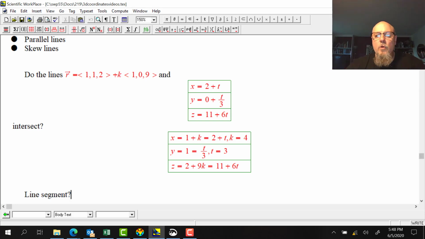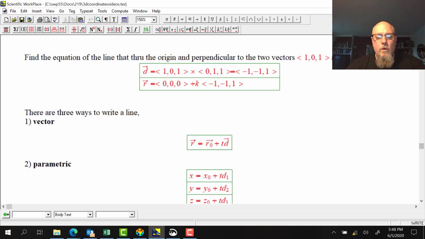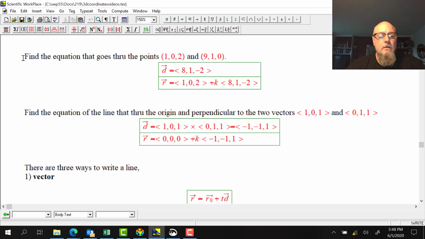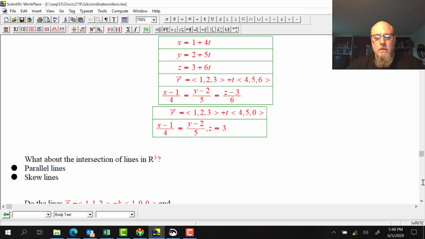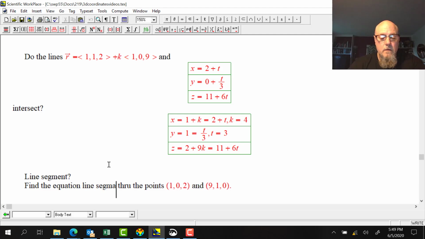So let's go back to our example where we got the equation of a line that goes through 2 points here, and let's switch it to find the equation of a line segment that joins those 2 points.